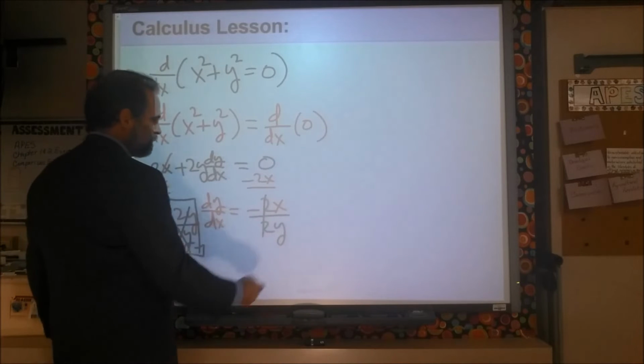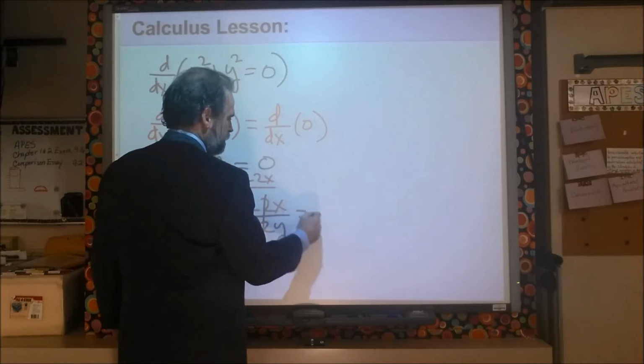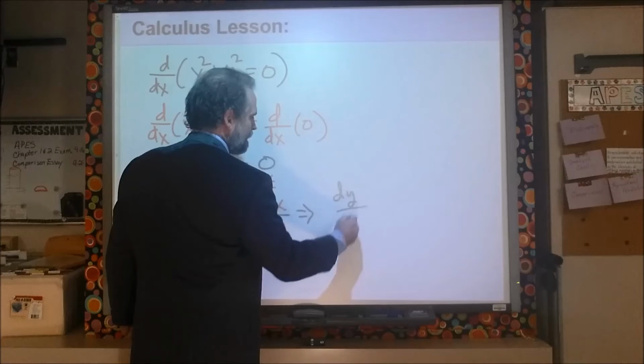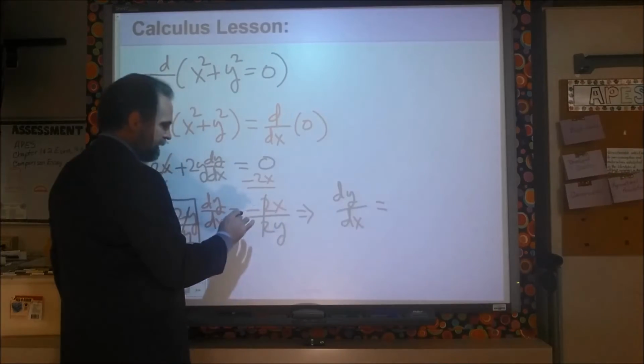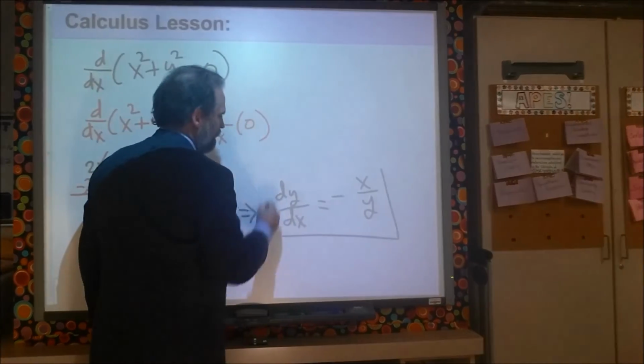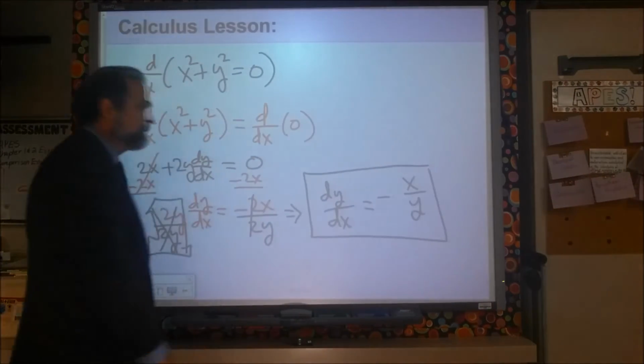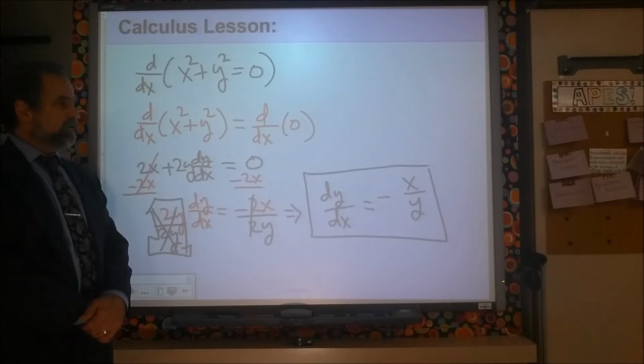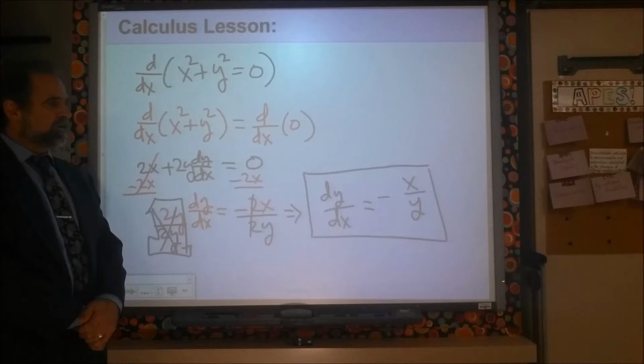Notice the 2's cancel, so I can say dy dx equals negative x over y. And now I can find the tangent on that circle at any point on its circumference.